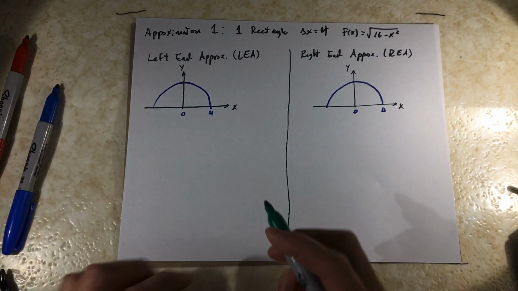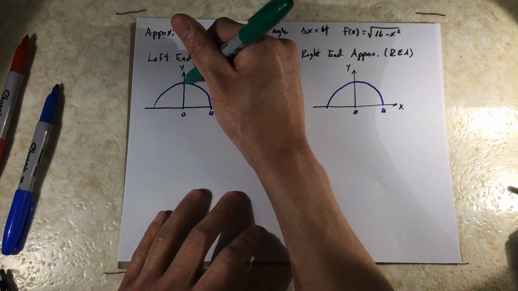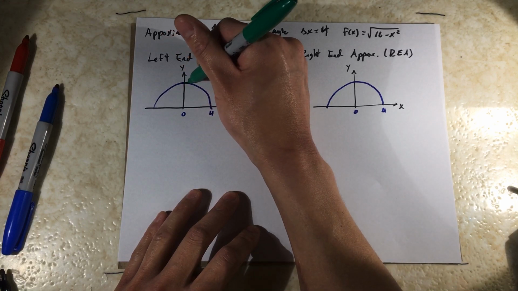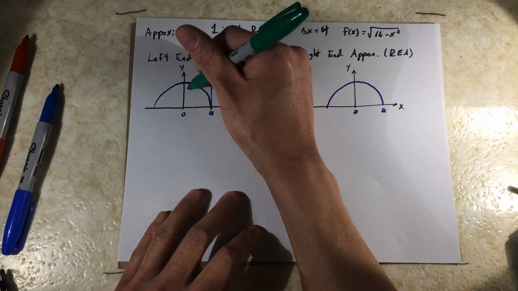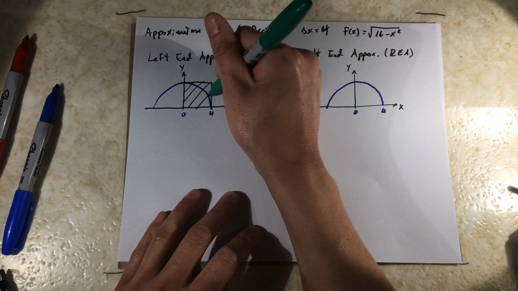The left end approximation is we use this range. We're going to use this side right here, so that is going to be our rectangle.